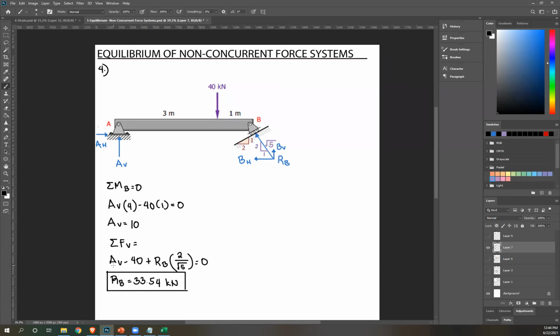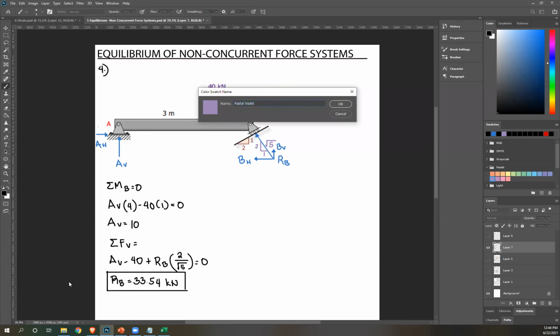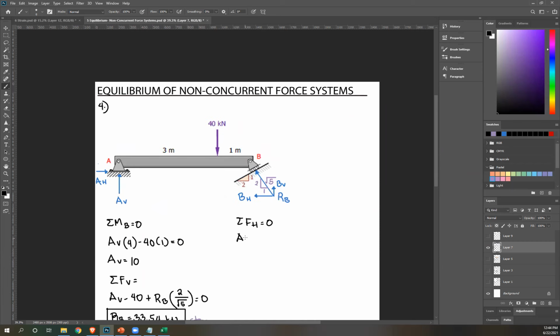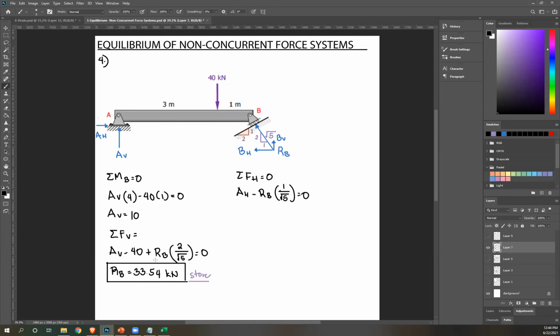Now, since I know RB, store that. Then you can use summation of forces horizontal. I recall our equation was AH minus RB times 1 over square root of 5. And again, RB is this, so please solve what's AH.